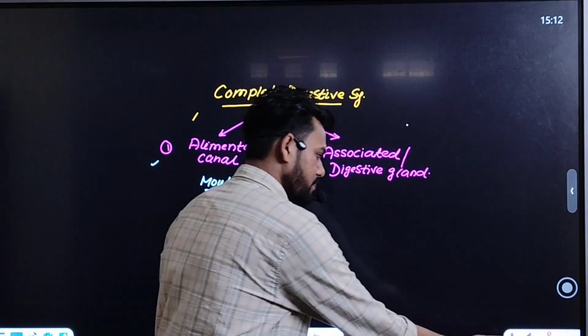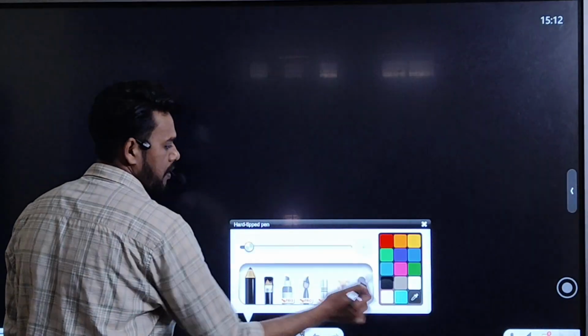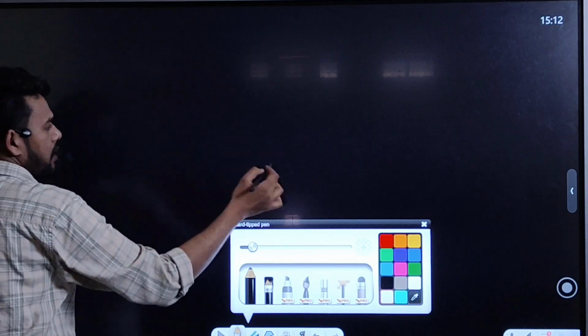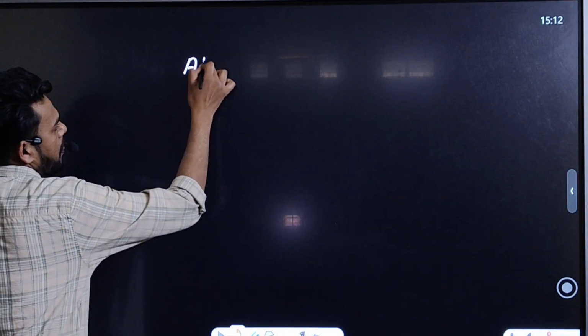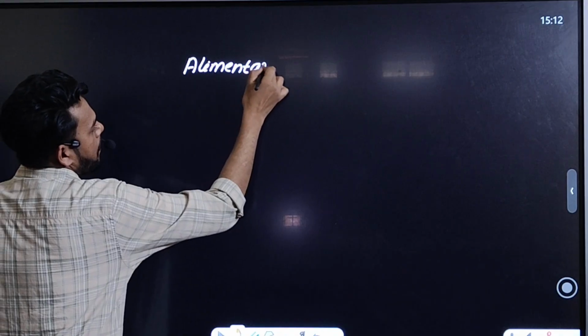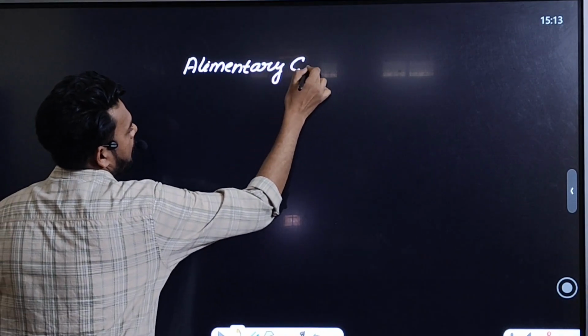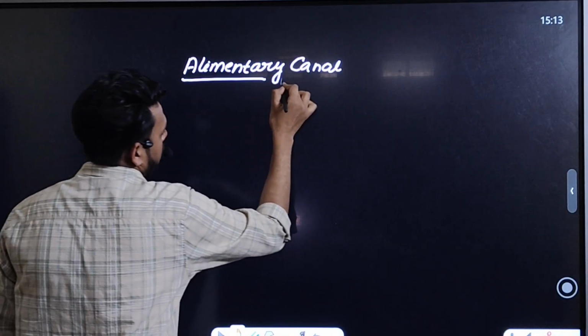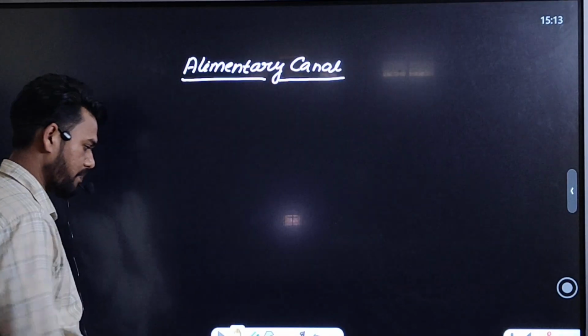The alimentary canal of frog, that is Rana tigrina.